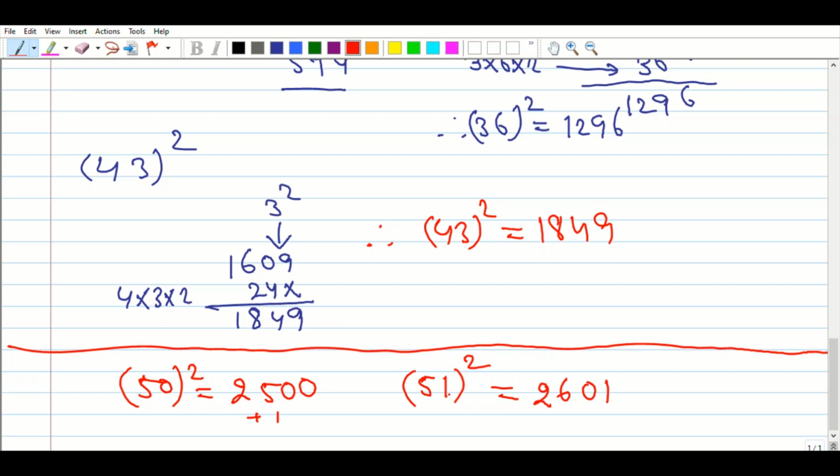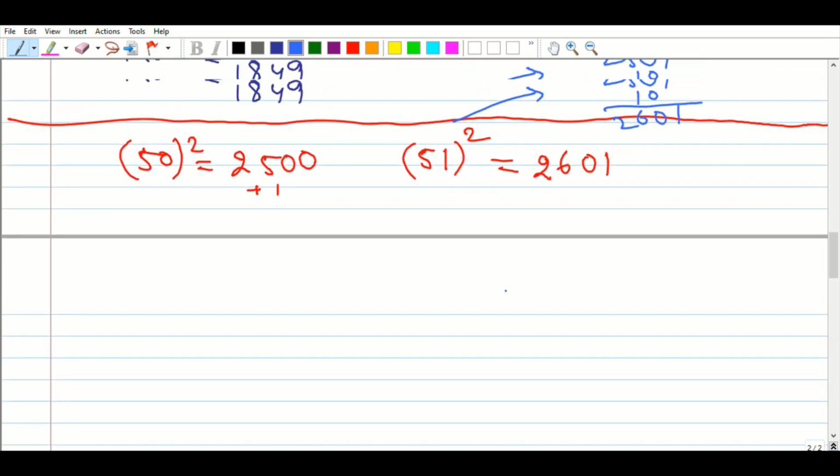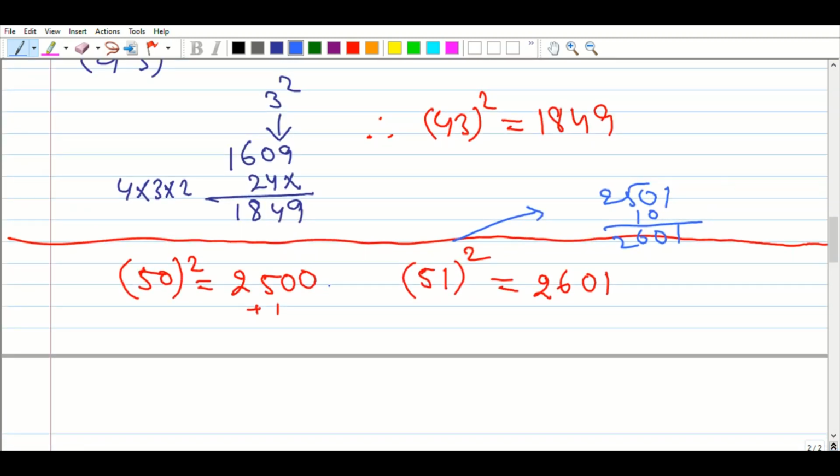You can write it from this method: we can write 01 and 25. Okay, 5 ones are 5, 2 times is 10, and it becomes 2601. Is it clear? It's clear or not? You see 50 here, 25. We are finding 57 square. Then it is very easy.